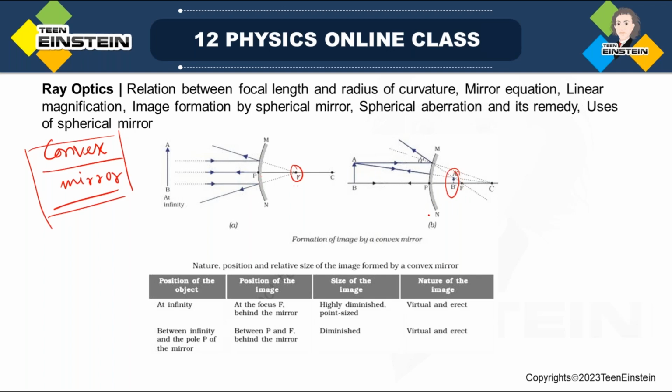Anywhere you keep the object between infinity and pole, the image will be formed between P and F. This is true for any place you keep the object in case of a convex mirror.